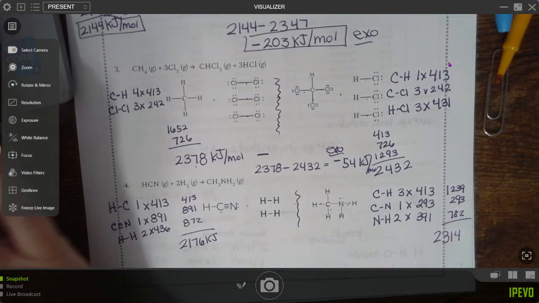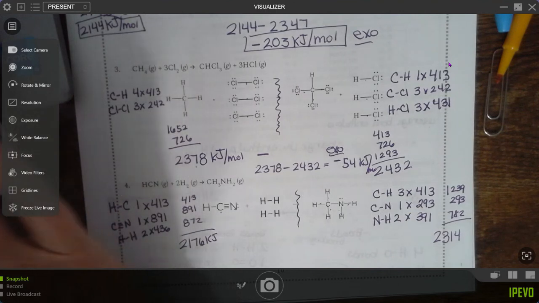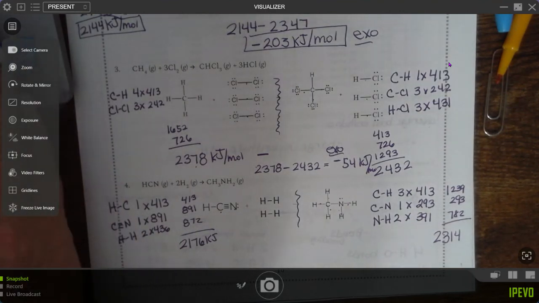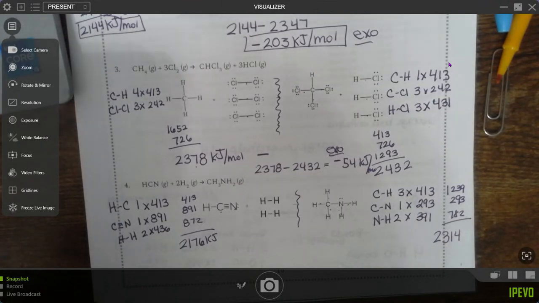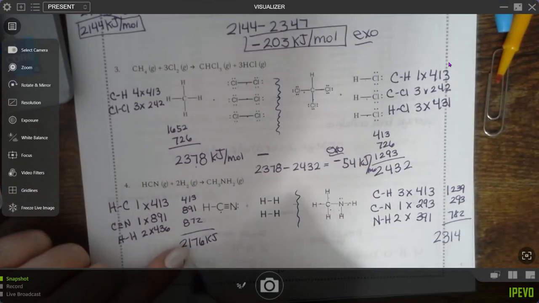I'm going to check my math just in case my fingers got klutzy. 1239 plus 293 plus 782, 2314. Okay, so here's what we've got.